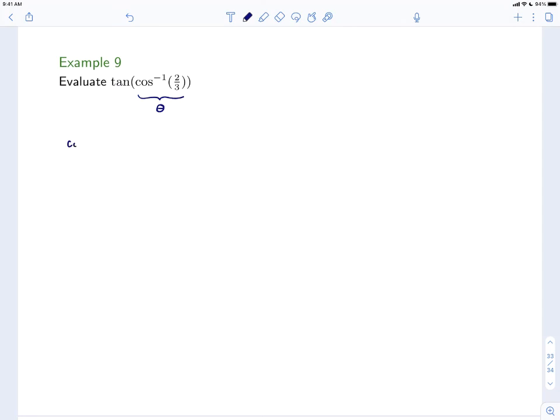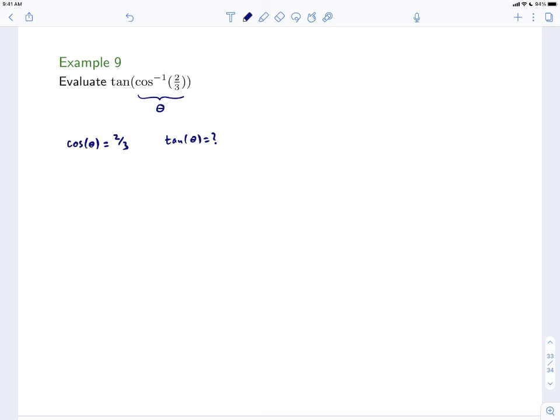So we know that cosine of theta is equal to 2 over 3. And our goal is to figure out what tangent of theta is. Well, once you know cosine, you can work out what the other trigonometric functions are, although there's a little question about whether you have a positive or a negative. So let's figure all this out.